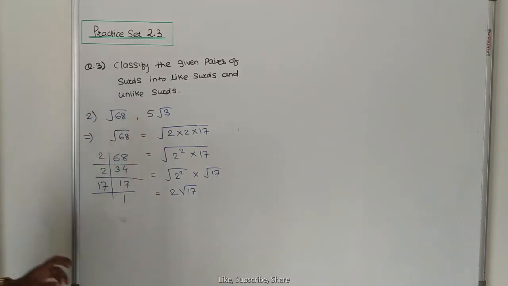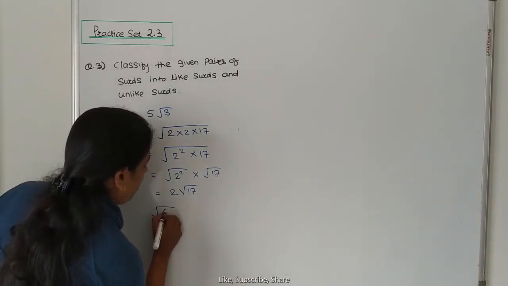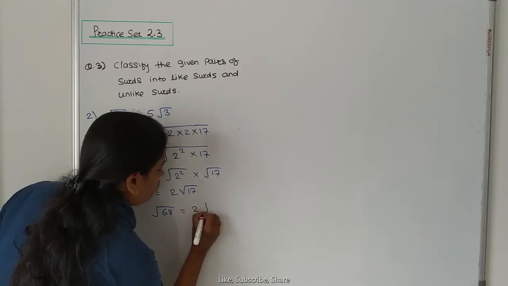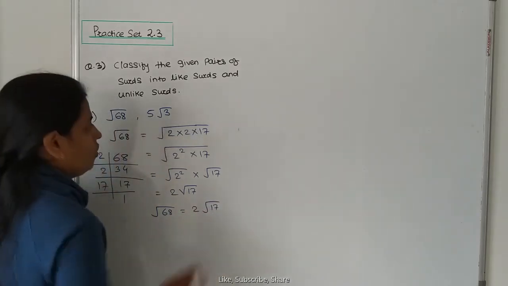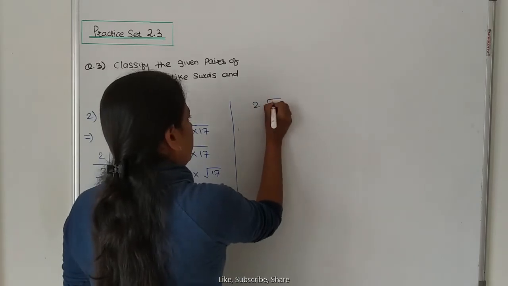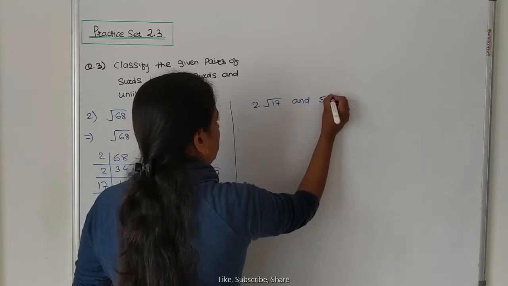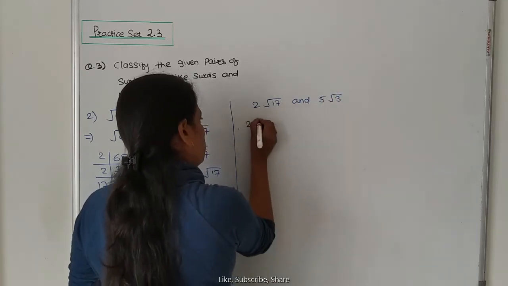So just observe here what we have to do. Instead of root 68, we have to put here 2 root 17. So for this one, 2 root 17 and 5 root 3.